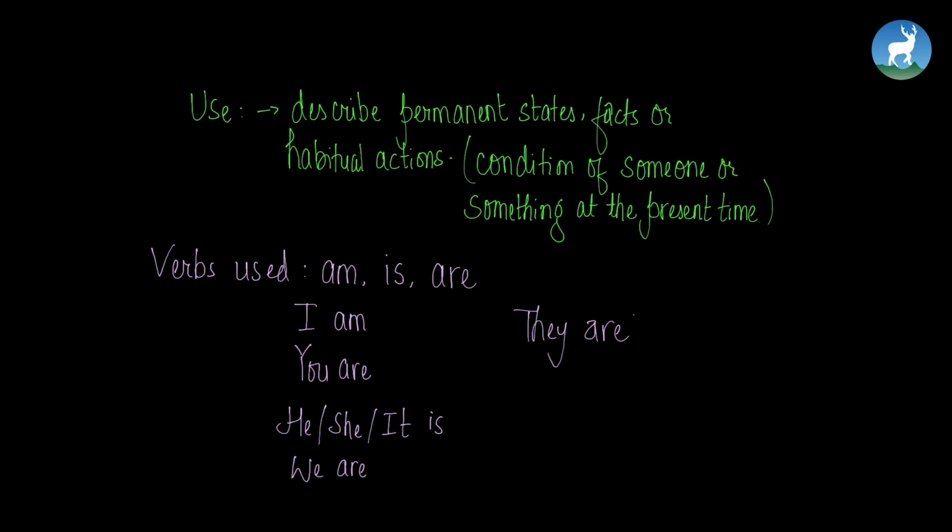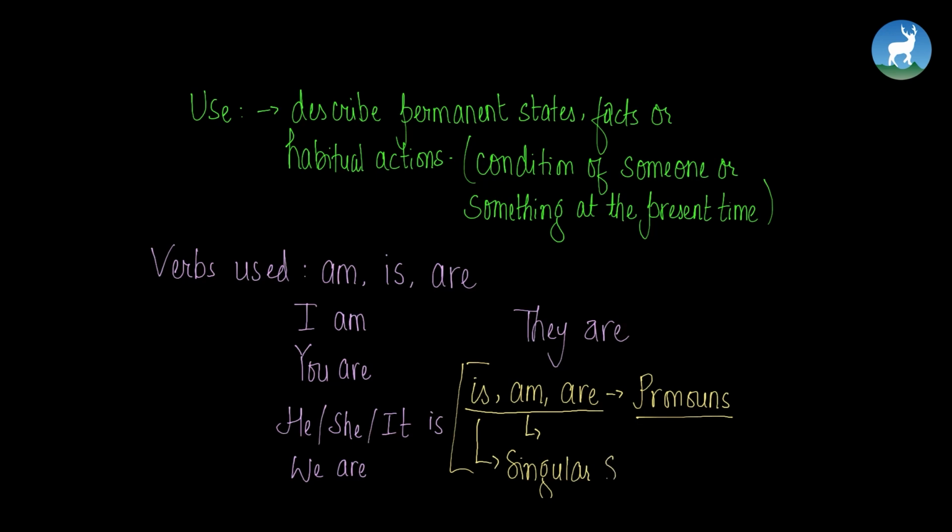So what did we notice here? We noticed that these forms are followed by a pronoun, and the pronouns are the subject. So is, am, are: these come after pronouns, right? They don't just come after pronouns, but they also come after any singular subject.